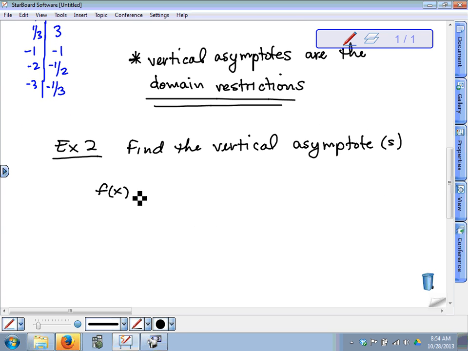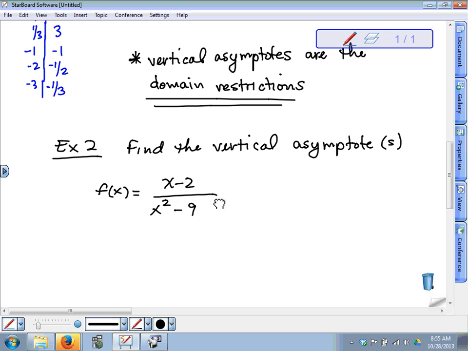The function is f of x equals x minus 2 over x squared minus 9. What are the values, or maybe there's just one, that x cannot equal? 3 and minus 3.